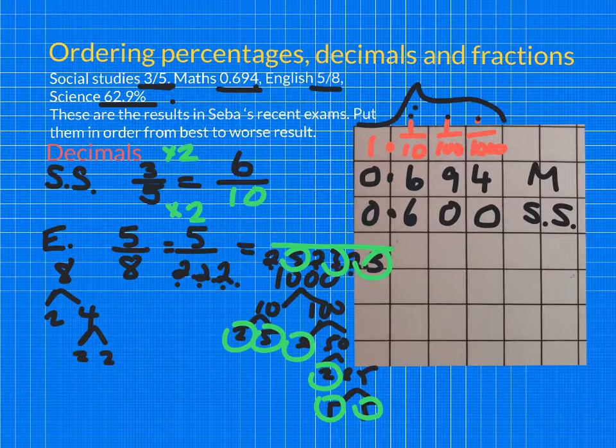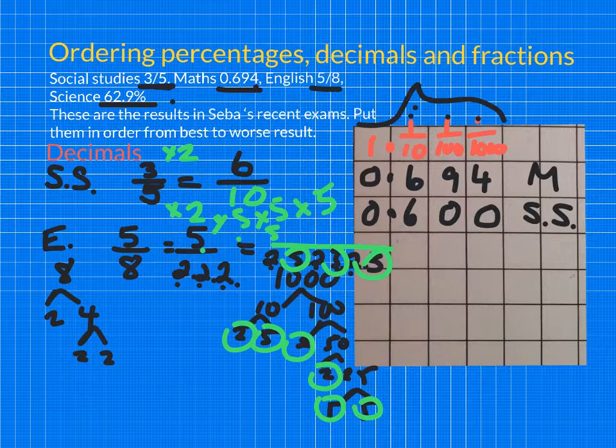So we need now to work out what is 5 times 5 times 5 times 5. We started off with 5, so 5 times 5 is 25.